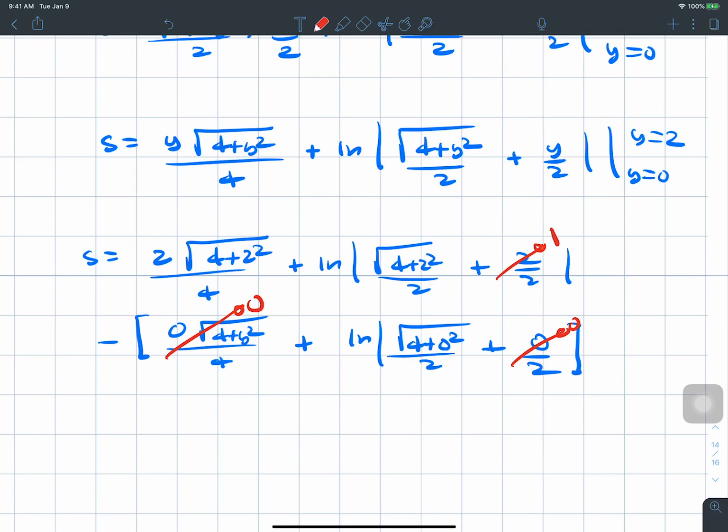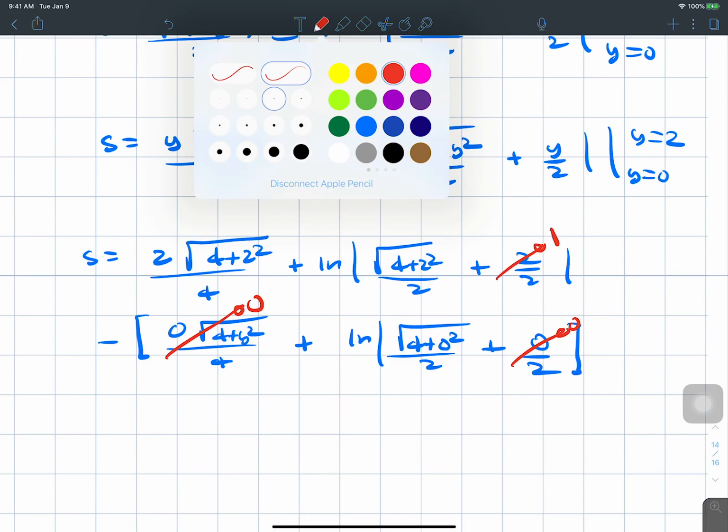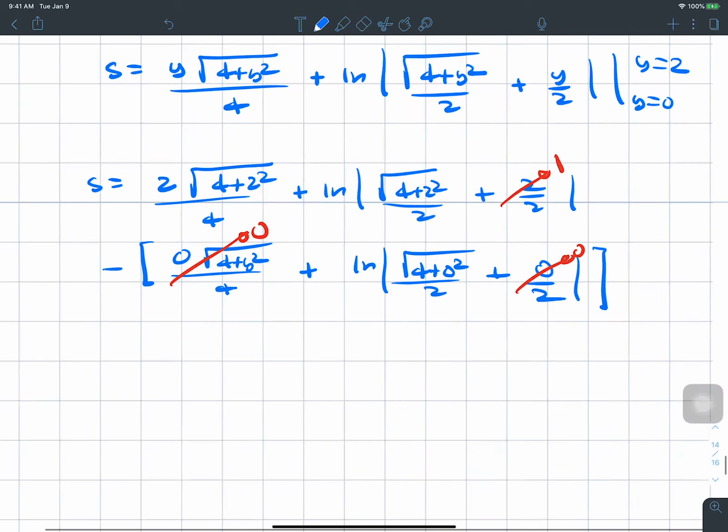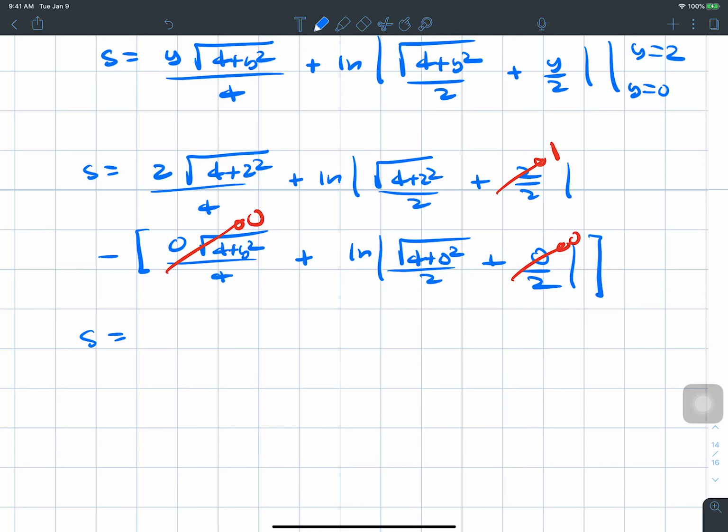And let me make sure. All right, this is absolute value here. All right, let's see if we have some nice value here. 2 square root of 8 over 4 plus natural log, absolute value again, square root of 8 here, but this is over 2 plus 1.